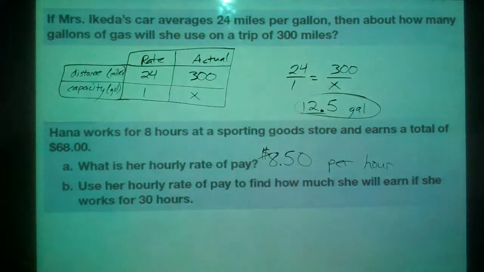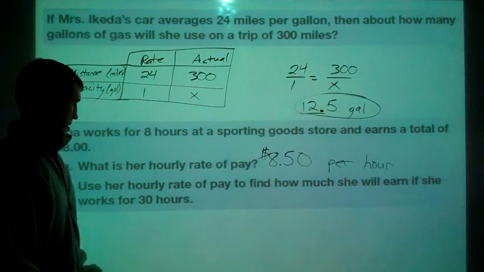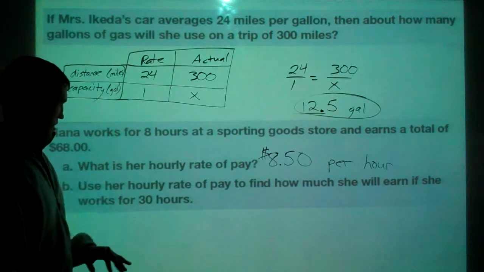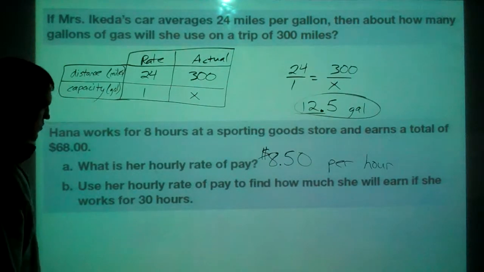Okay. And let's use this hourly rate of pay to find out how much she will earn if she works for 30 hours. So if she gets $8.50 per 1 hour, we can multiply that by 30 to figure out how much 30 hours will be.